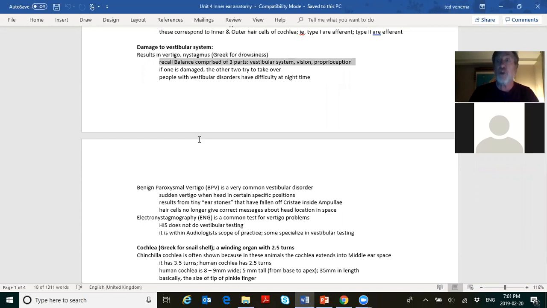And they're relying totally now on vision and proprioception. Their balance organs are gone. You can still handle it, but it's harder. Your other 2 systems have to play catch up. People with vestibular problems often have difficulty at nighttime, because at nighttime you have a harder time seeing.